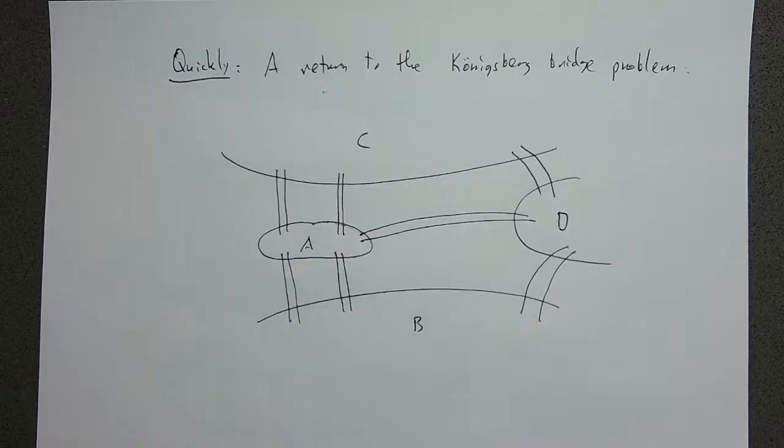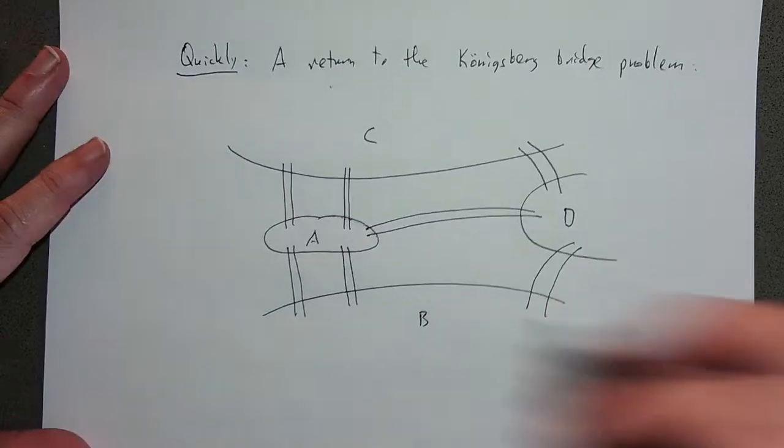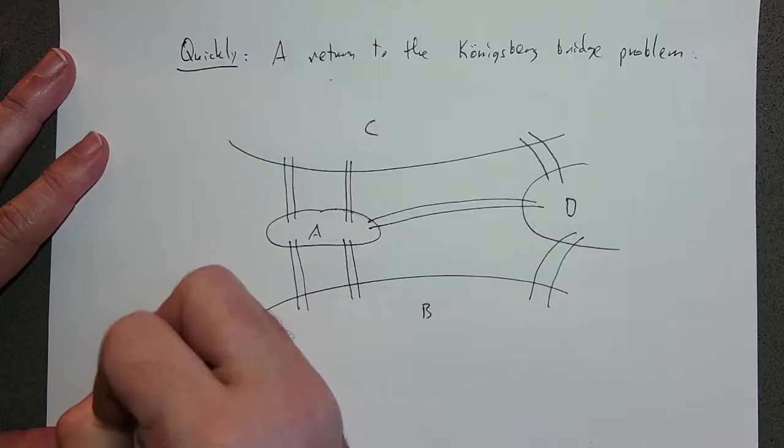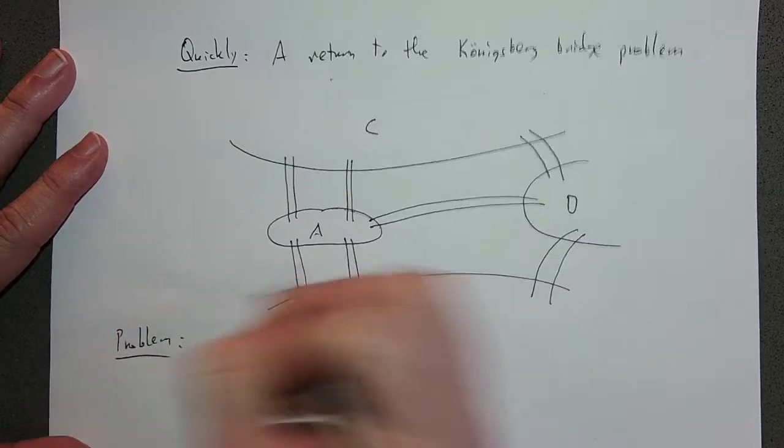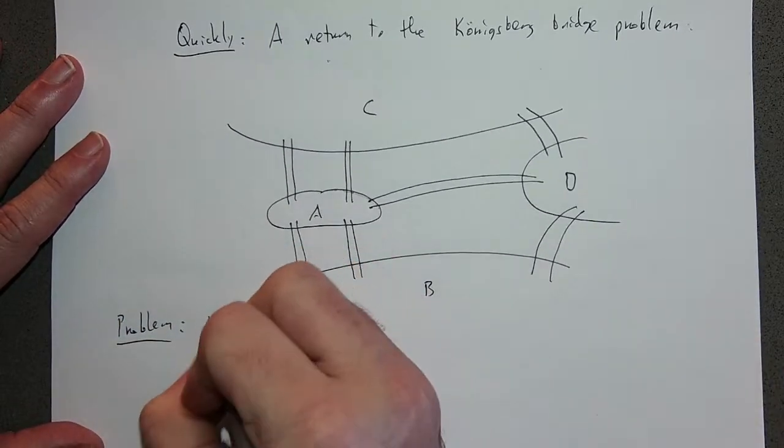Now, you could say, what was the problem, right? The problem was traversing each bridge exactly once.